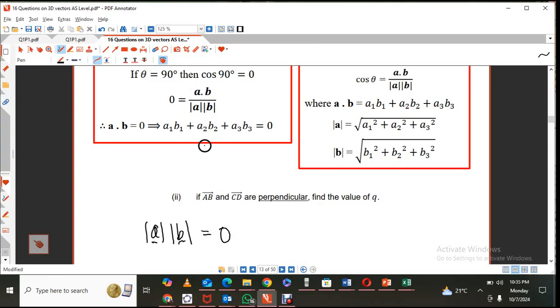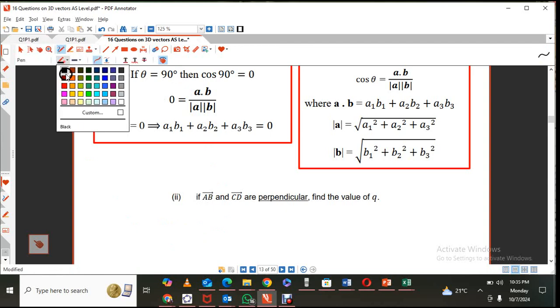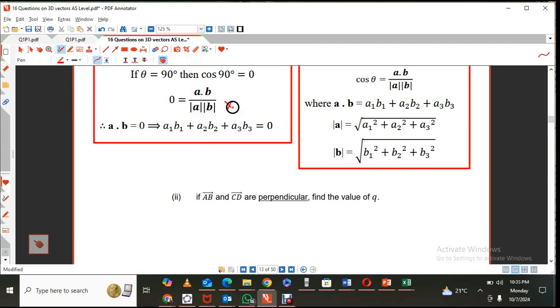If you cross multiply, supposedly you multiply both sides by the magnitude of vector A times the magnitude of vector B, and you do the same here. Well, what you're going to be left with will just be vector A dotted with vector B should equal 0.